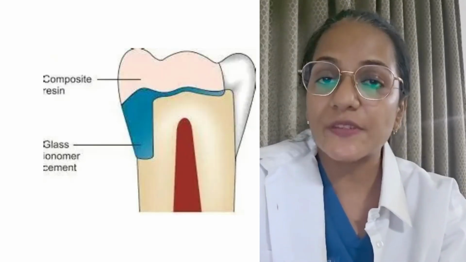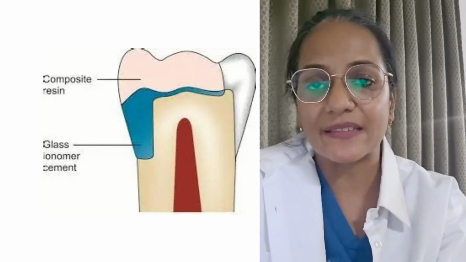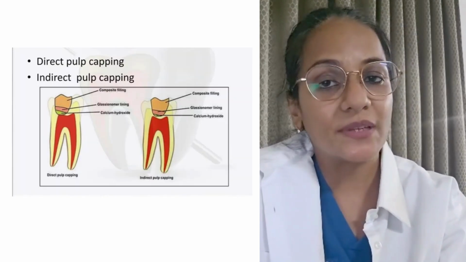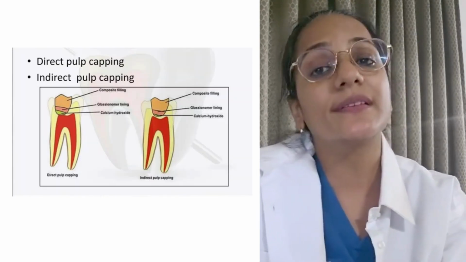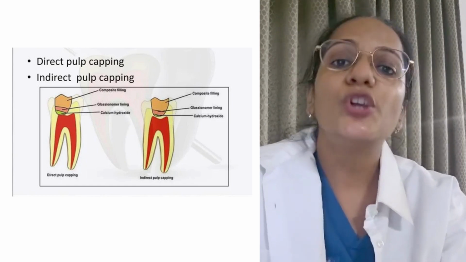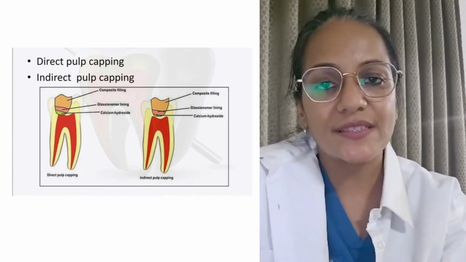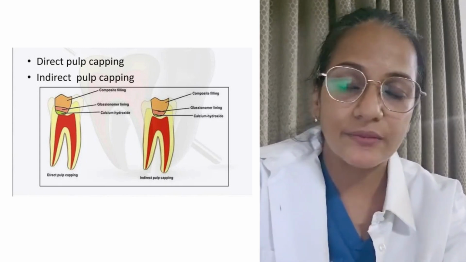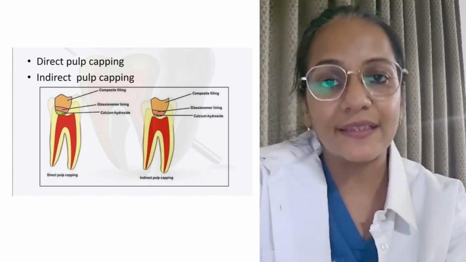On the other hand, if the remaining dentine thickness is 1 to 2 mm, under a composite you can always place a glass ionomer cement. And if the remaining dentine thickness is much less, less than 1 mm, then as we do in indirect pulp capping, you can always place a calcium hydroxide liner followed by a base, which is most probably a GIC in composite, and then finally a composite.